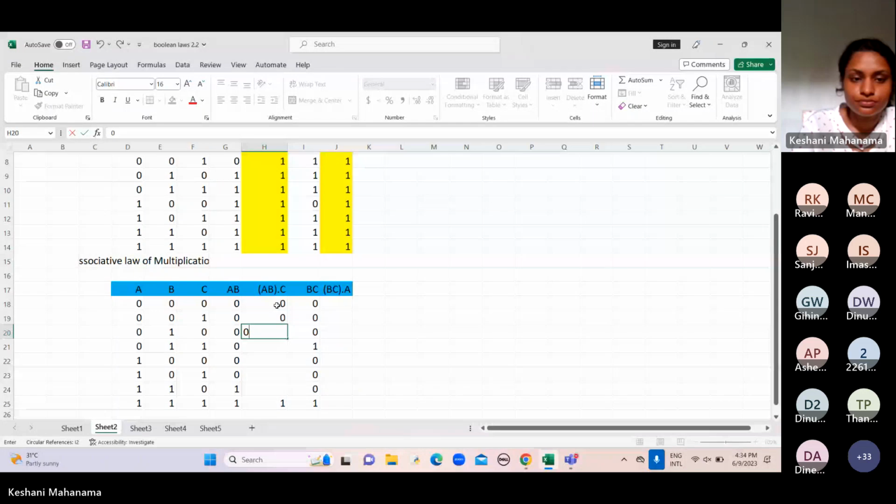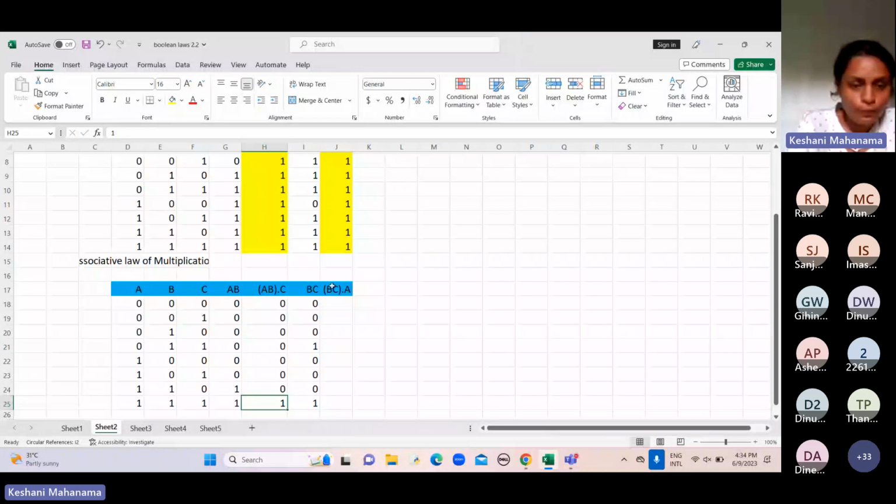Like that. Then the BC into A. The inputs of BC and the inputs of A both should be equal to 1, then only the output will be 1. Otherwise the output will be 0.